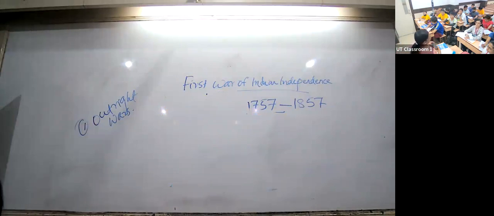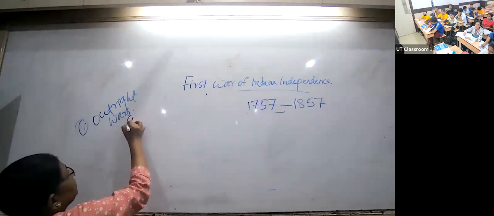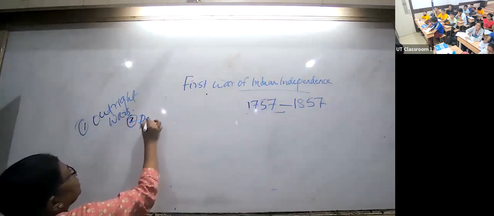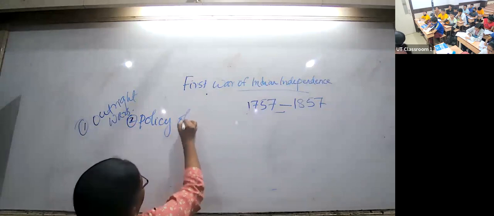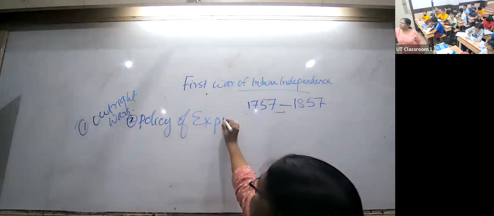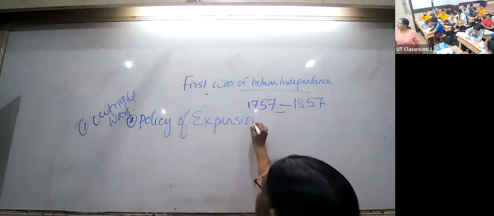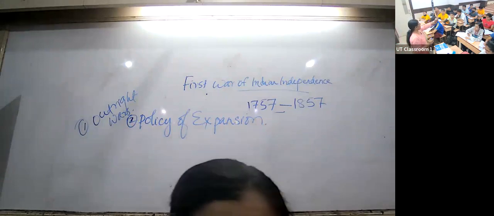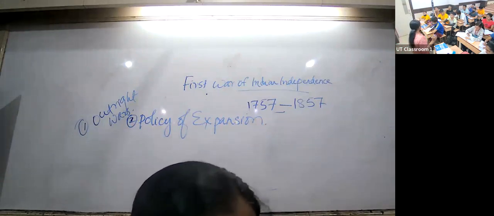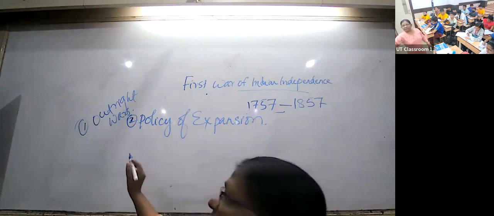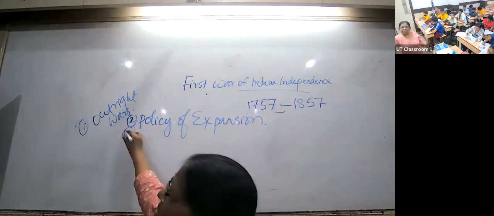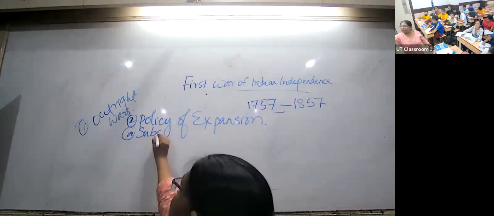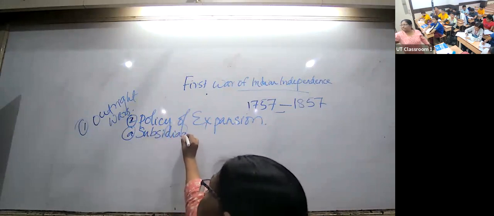You just write down these points because that will help you. First, outright wars. Second, policy of expansion. In the policy of expansion, what is coming? Subsidiary alliance.